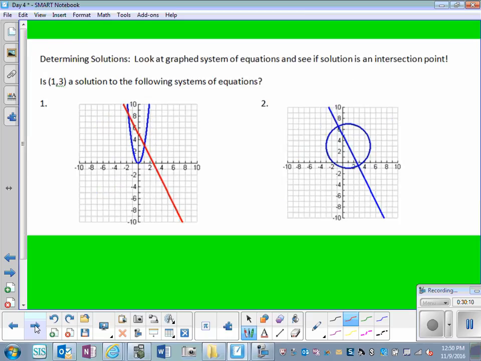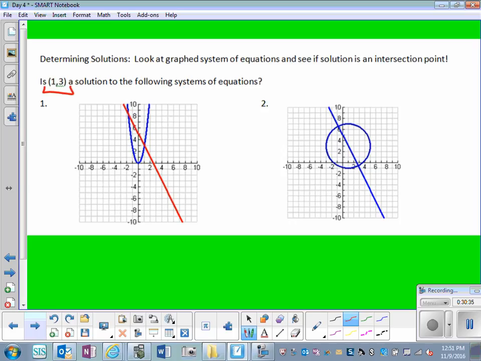Another type of question you might encounter on the test is this: looking at the graph representation of the system of equations, can you determine whether or not a specific point xy pair is a solution of this system? So looking at this first example, is 1, 3 a solution to the system of equations?